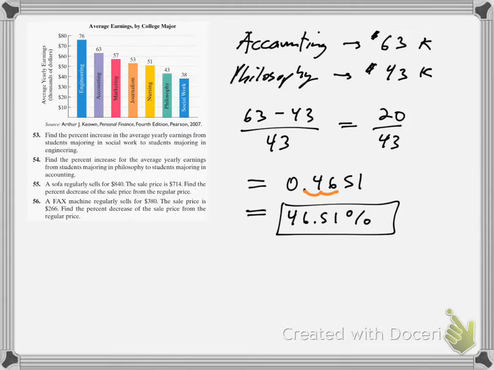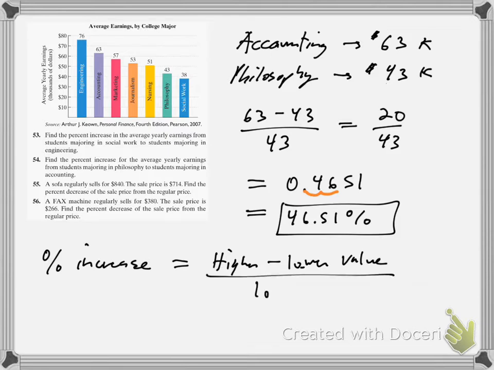Okay, so in general, these are in general for percent increase when you're dealing with the raw numbers. It's the new value, or sorry, my bad, the higher value minus the lower value, if we're doing an increase, divided by the lower.